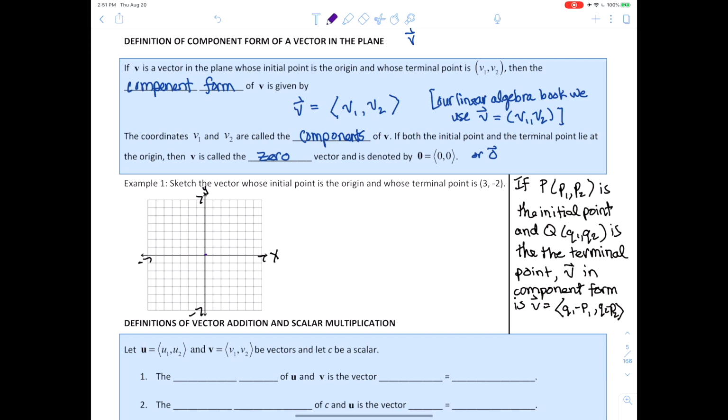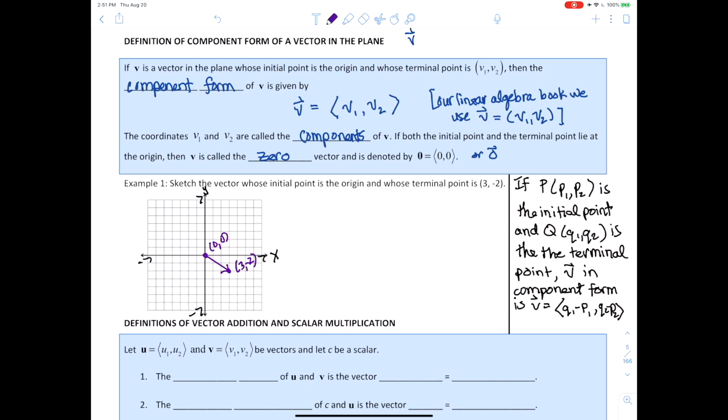So initial point, the origin, that's easy enough. And then (3, -2), we'd have 1, 2, 3, and then down 2. And then making our directed segment there, that's our vector v.